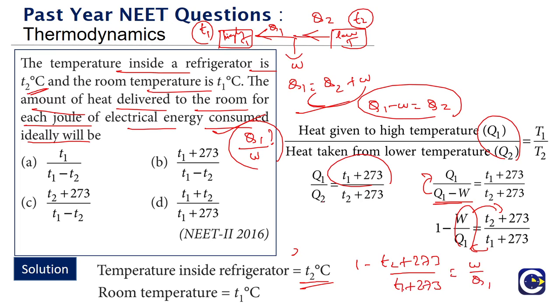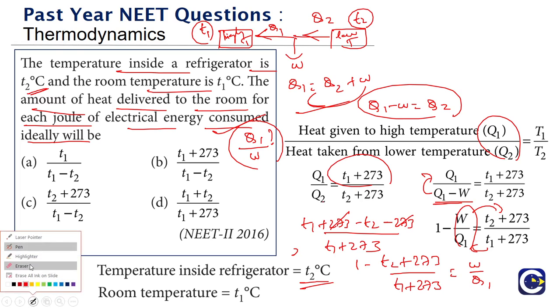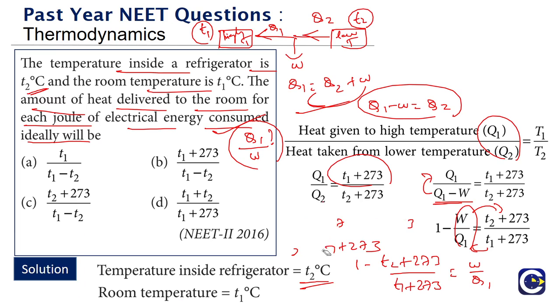If you take the LCM, it will be t1 plus 273 minus t2 minus 273 divided by t1 plus 273. Here 273 and 273 cancel. What you have in the numerator is t1 minus t2, and the denominator is t1 plus 273. That is our W by Q1.